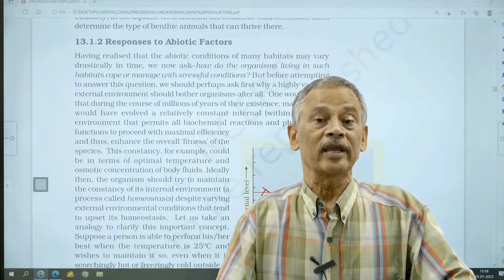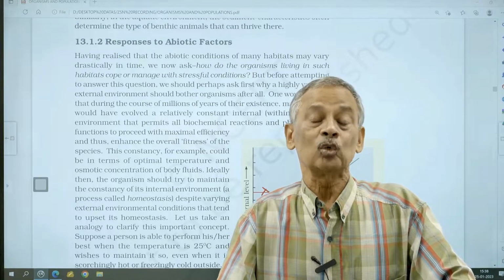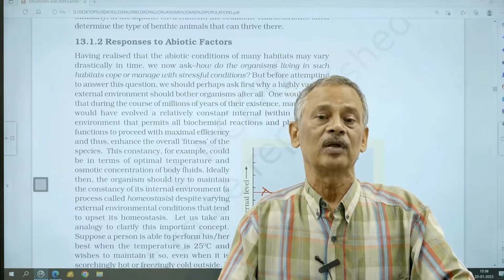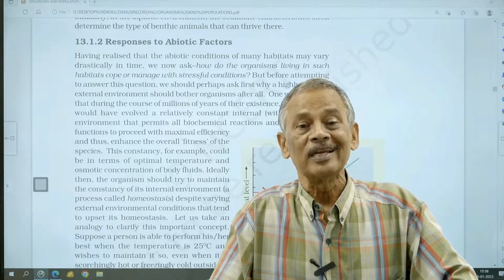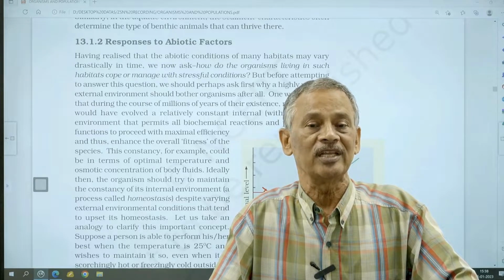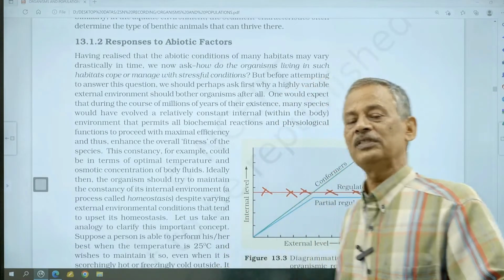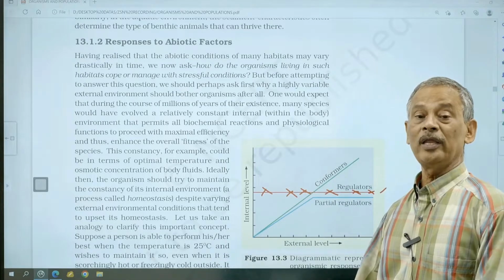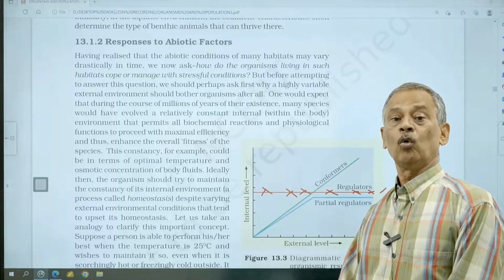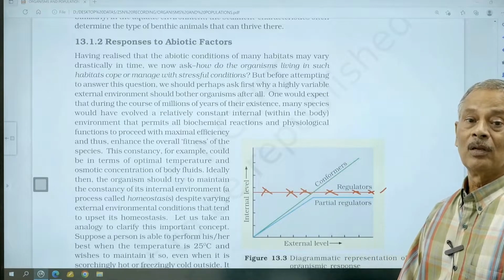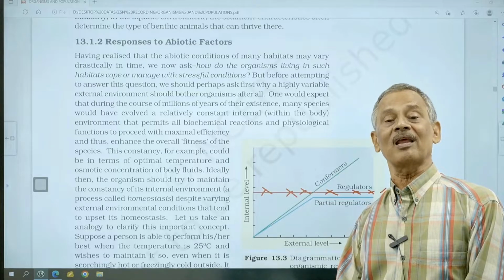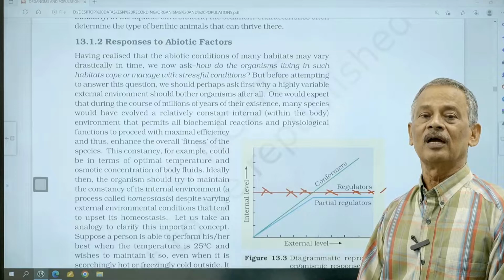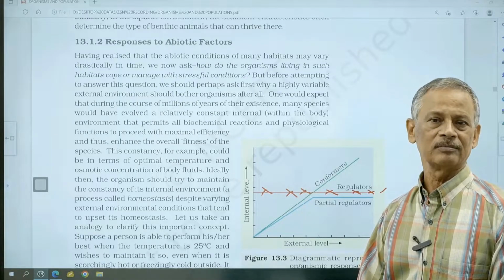Okay, so they have developed a technique through thousands and thousands of years, or actually millions of years of evolution, the technique of maintaining a constant and steady internal environment, which is called homeostasis. So they are all regulators. The only vertebrate who cannot maintain a constant steady water level, osmoregulation, is the hagfish, Myxine.